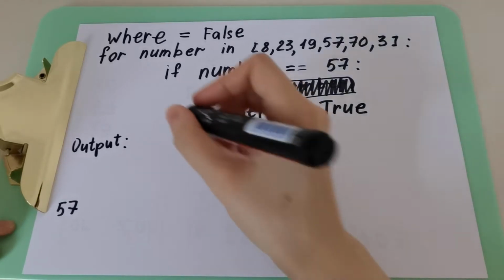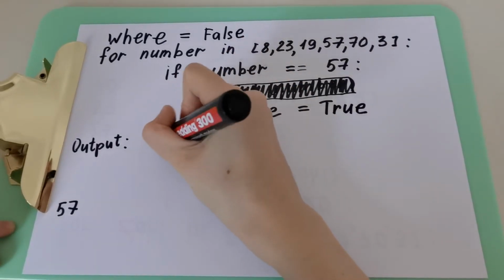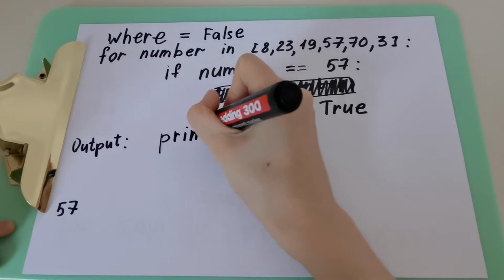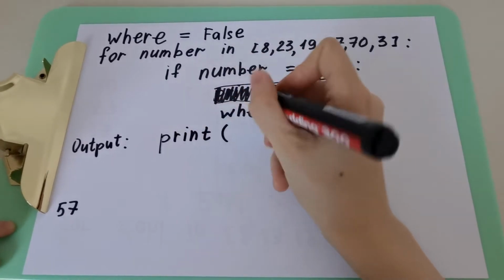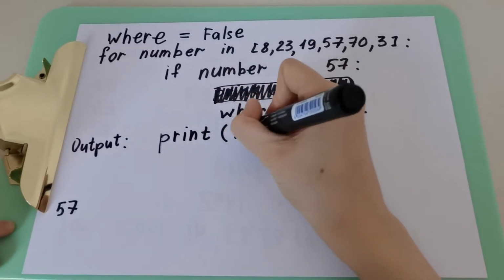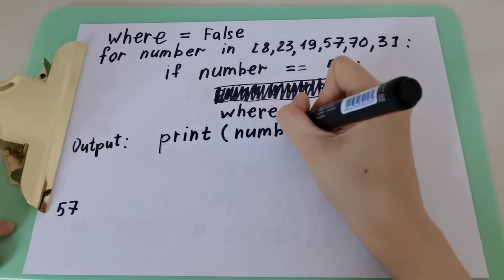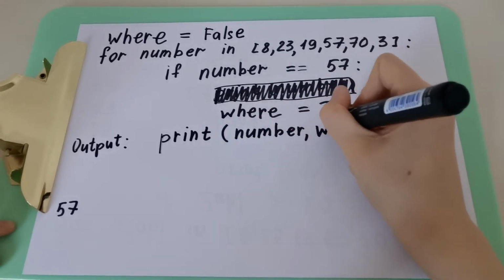And then print number and our variable where.